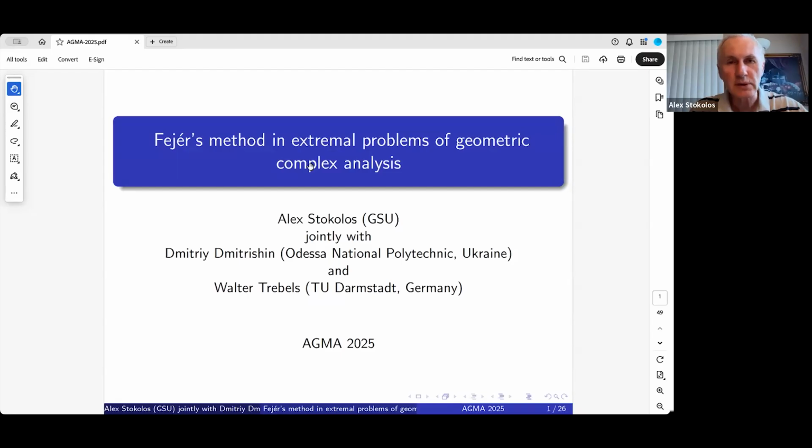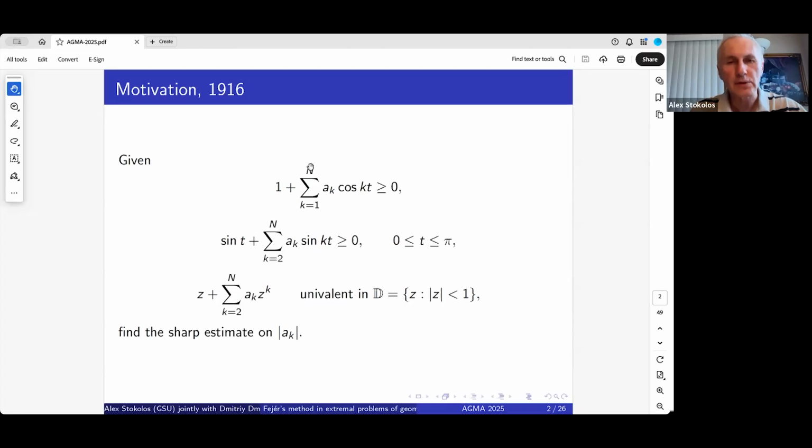So the problem is the following. The motivation came from 1916, when simultaneously and independently three kinds of problems popped out in the air.